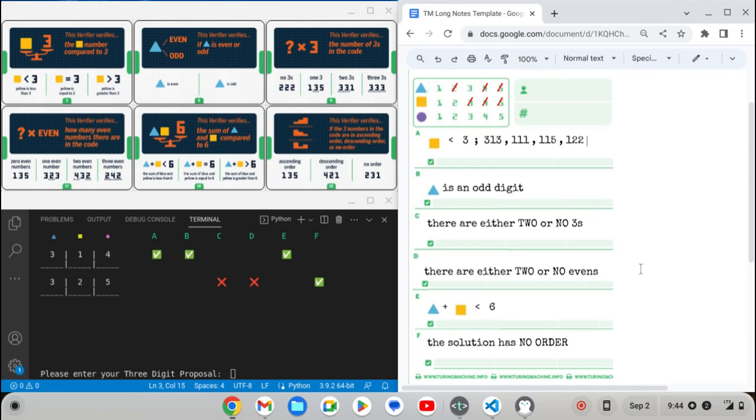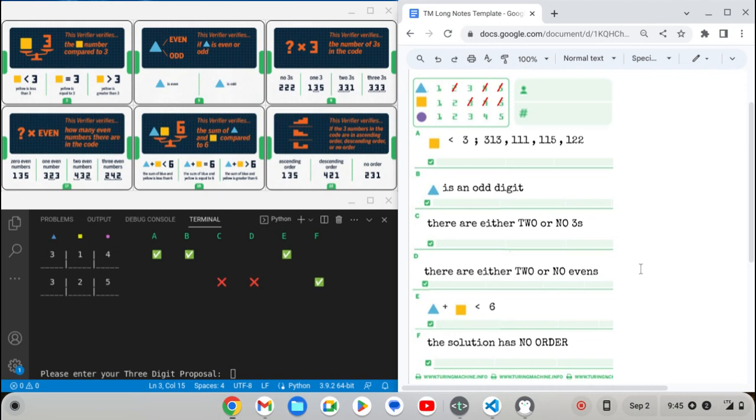I guess it kind of comes down to retesting C and D, the number of evens. So I'm thinking that there probably are going to be 0 evens, because that may be too obvious.